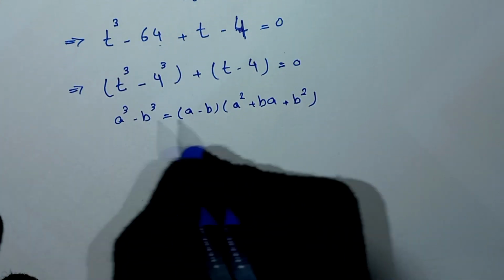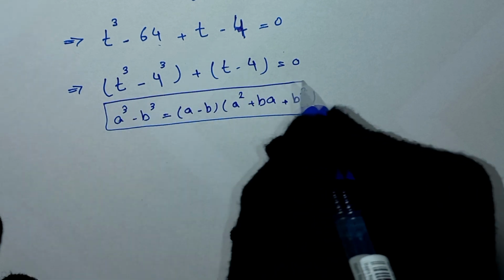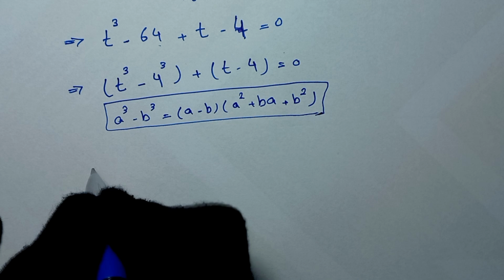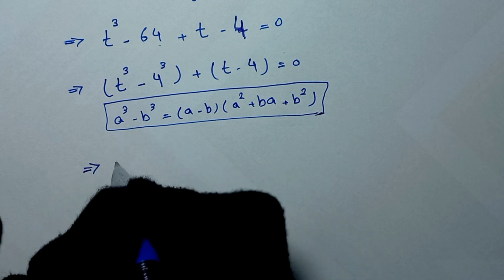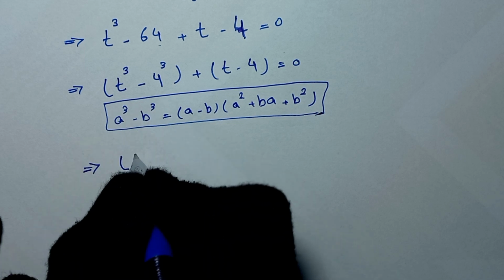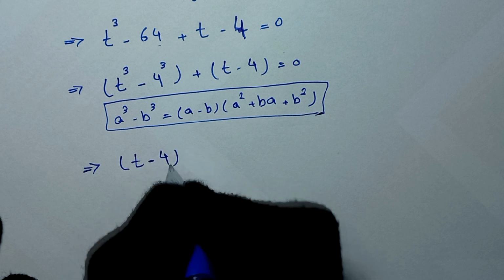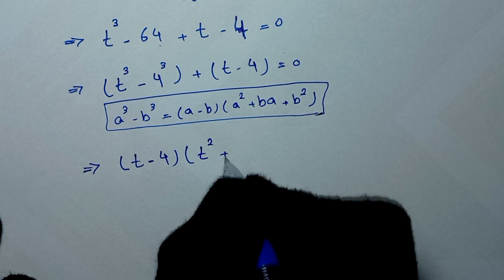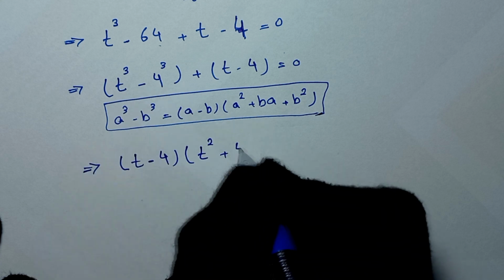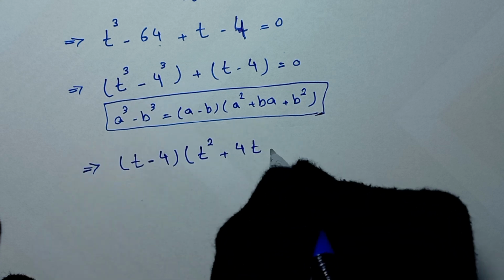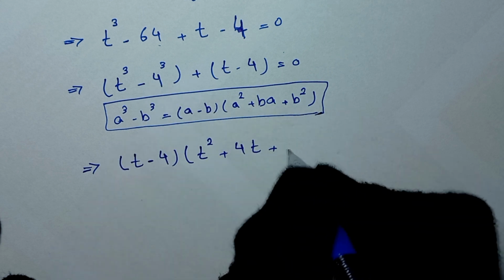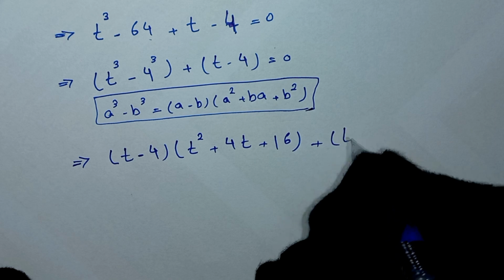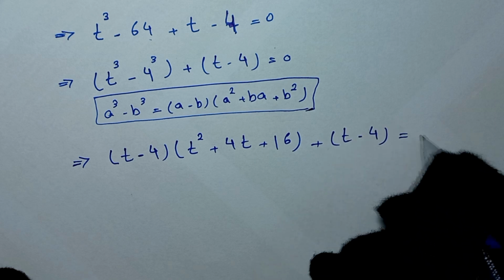So we use this formula for this part and it will be t minus 4 times t squared plus 4t plus 4 squared, which is 16, and plus this t minus 4. T minus 4 is equal to 0.